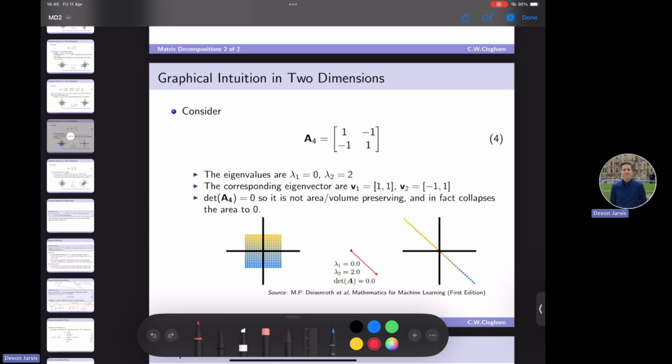For this example, where we have L1 equals 0 and L2 equals 2, the geometric multiplicity is 2 because there are two distinct vectors, V1 and V2, or is that wrong? Geometric multiplicity cannot be higher than the algebraic multiplicity. So it's 1 for each of them. And so the geometric multiplicity of 2 is only that vector.